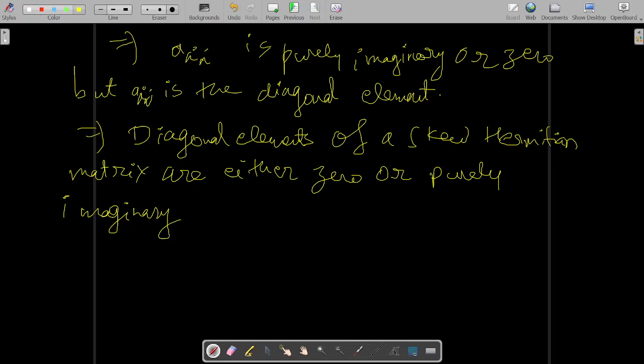Now we will move on towards the property number 2 of skew Hermitian matrix. What is the property number 2 of skew Hermitian matrix?